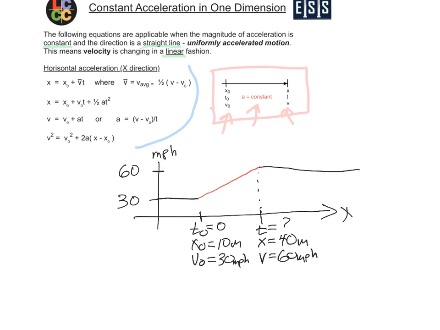And let's say we're looking for our t. See how long it took us to accelerate from 30 to 60 miles per hour across a distance from 10 miles to 40 miles, or an overall change in distance of 30 miles. Now in this case, we also don't know the acceleration, so we're going to look for that also. So we're looking for time and we're looking for acceleration, and we know the other variables.